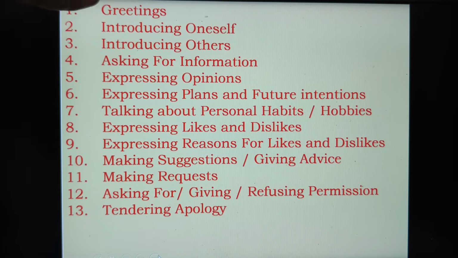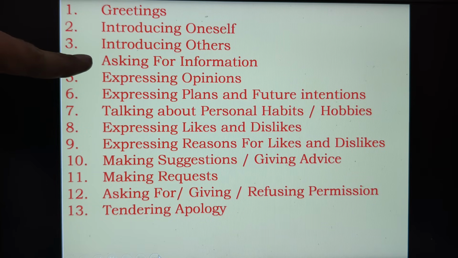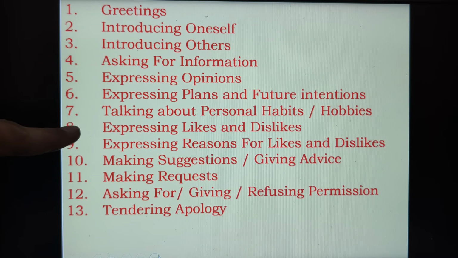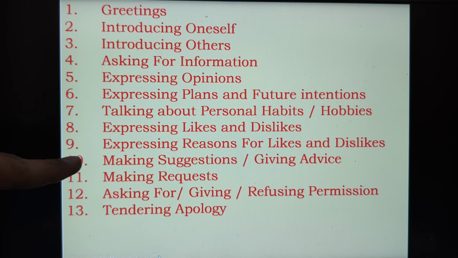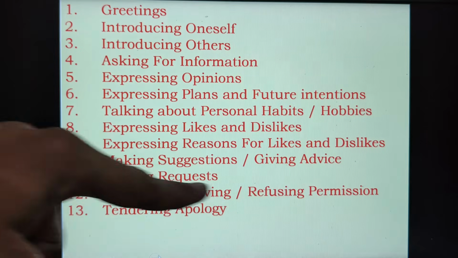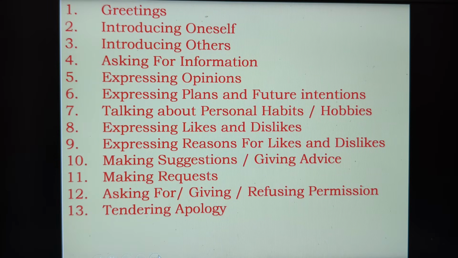The first one is greetings, introducing oneself, introducing others, asking for information and expressing opinions, expressing plans and future intentions, talking about personal habits, hobbies, expressing likes and dislikes, expressing reasons for likes and dislikes, making suggestions and giving advice, making requests, asking for or giving or refusing permission, tendering apology. These are the 13 kinds of test items that we have under communicative functions.